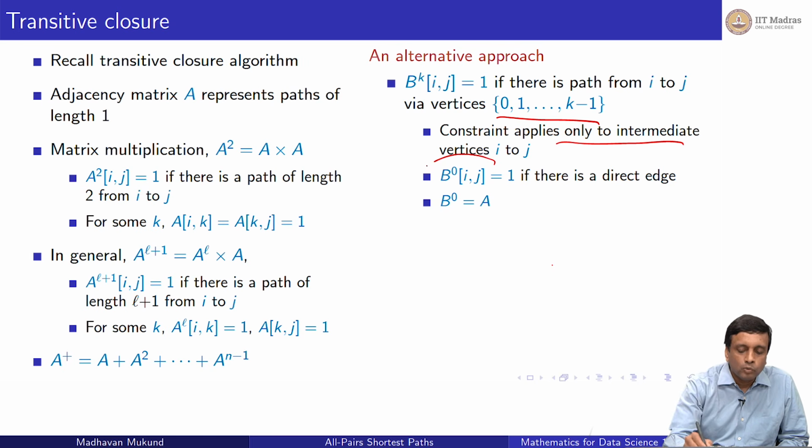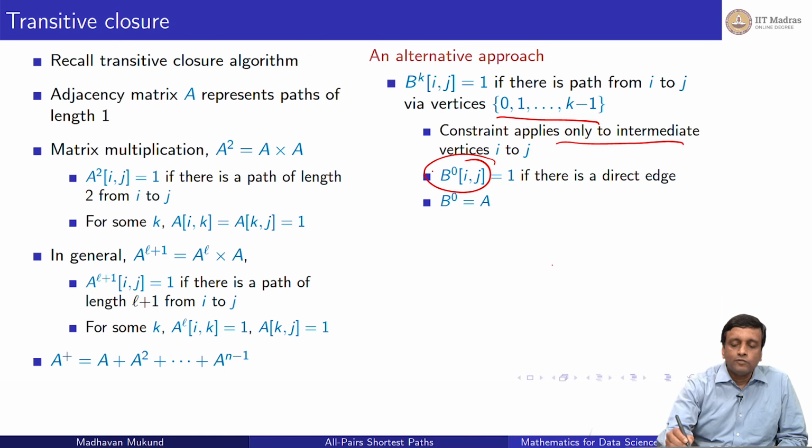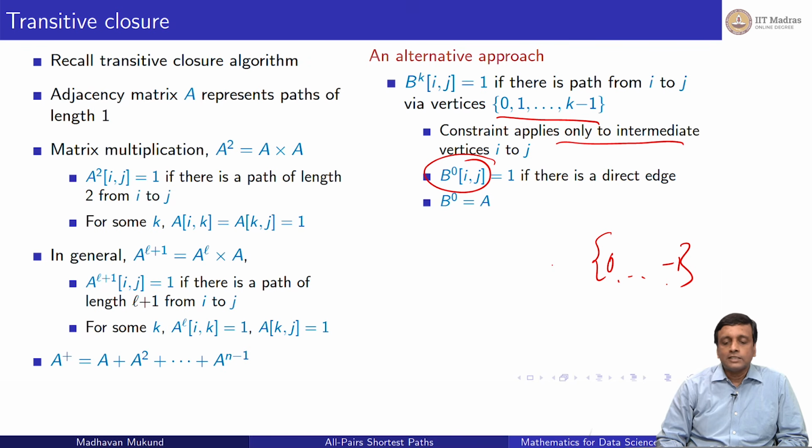So in this setting, what would B of 0 mean? B of 0 by this definition would be the set 0 up to minus 1 because k is 0. So this is basically saying that I am not allowed to visit any vertex in between, because the set of vertices I visit in between can have at most number minus 1, but I know that my vertices start with 0. So there is no vertex in the set which starts at 0 and ends before minus 1.